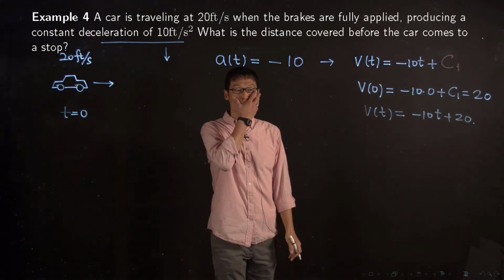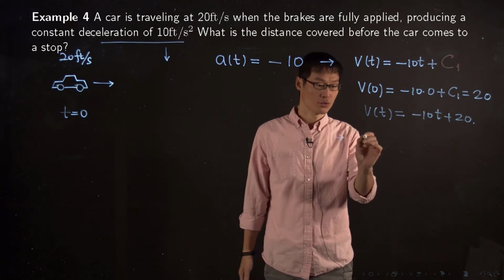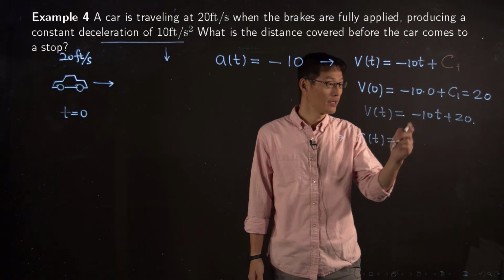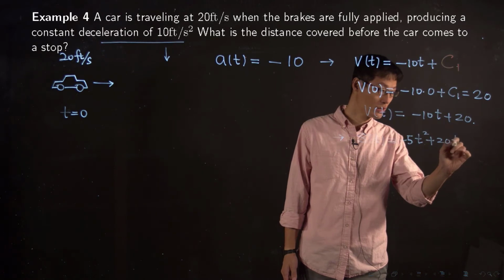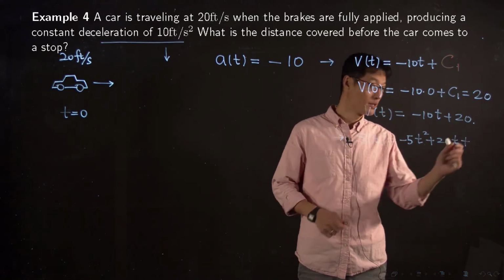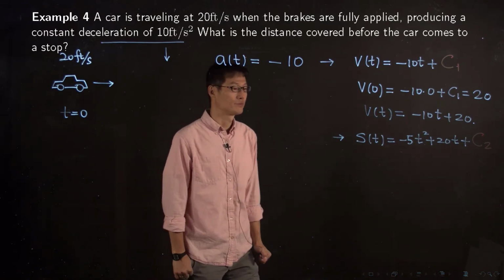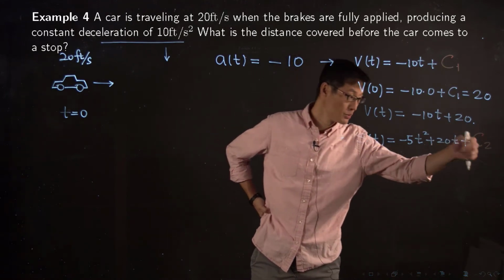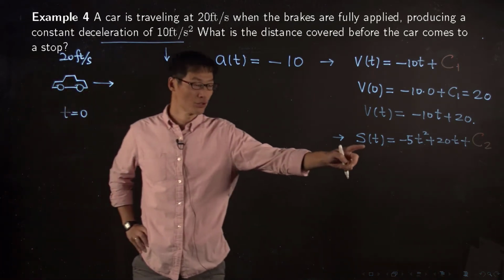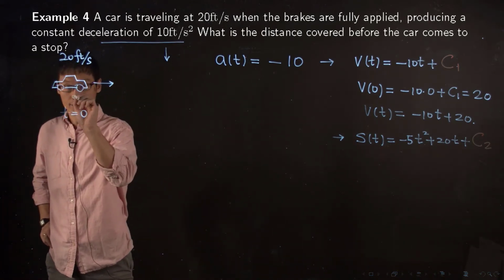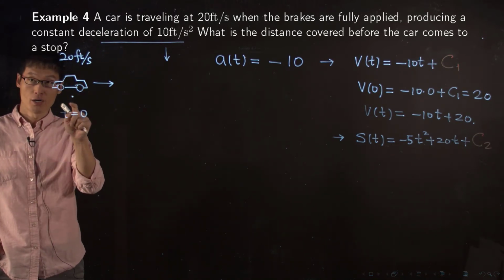Very good. And then we take the antiderivative again to get the position function, say s of t. The antiderivative of this gives negative 5t squared plus 20t plus another constant, c2. Again, to determine c2, we use this time frame. For this position function, you may declare that this is the origin. So at t equals 0, the position of the car is at the origin.